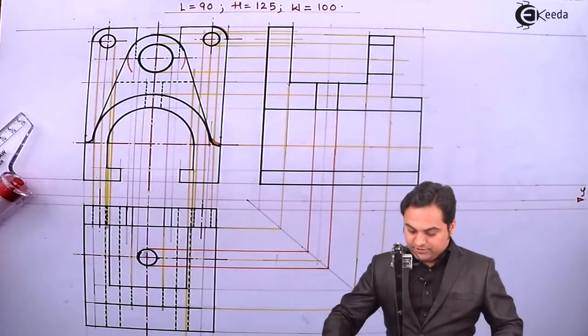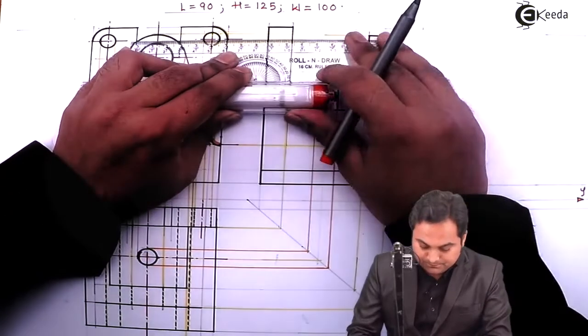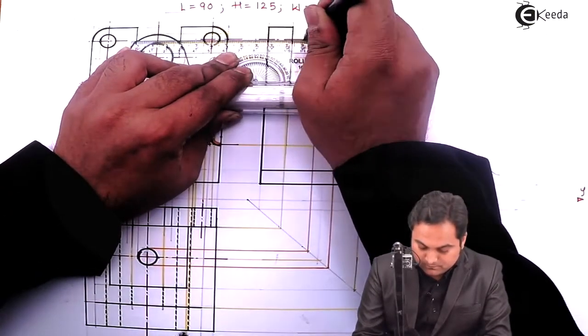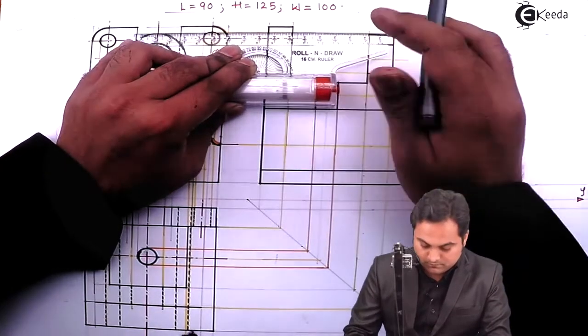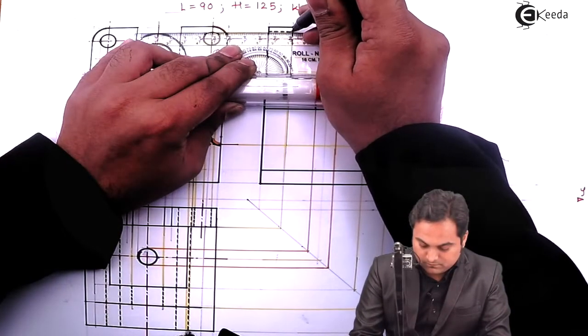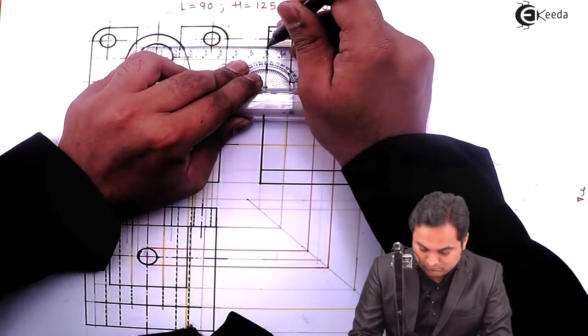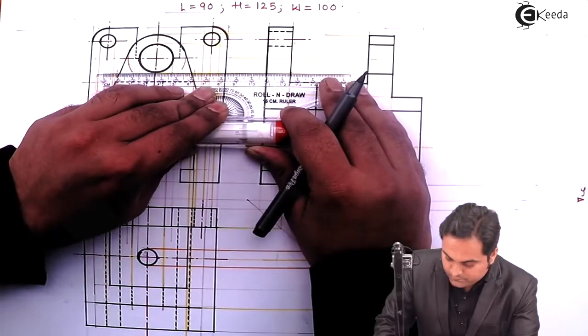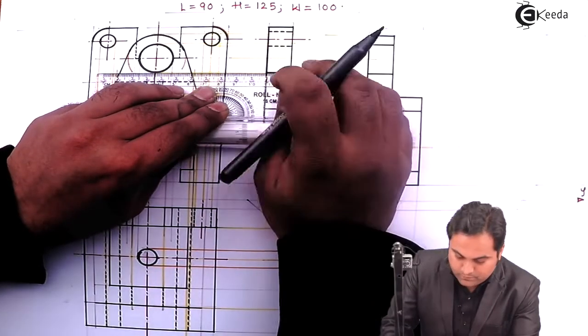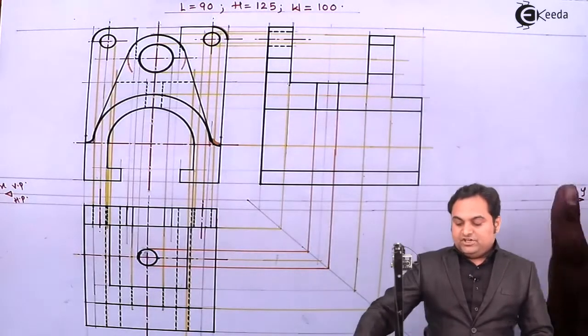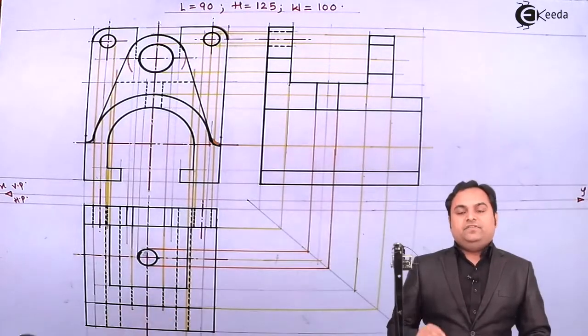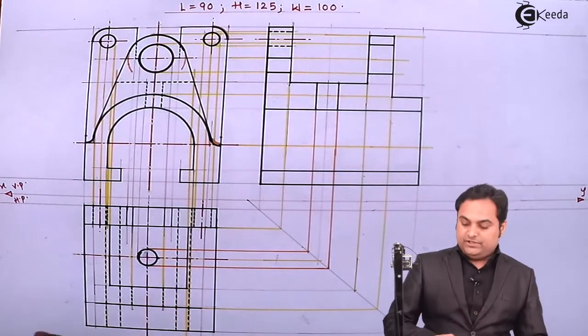So first drawing its center line. Then after reaching up till here, I'll shade the part inside which there should be sectioning.